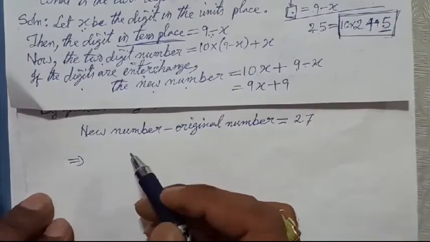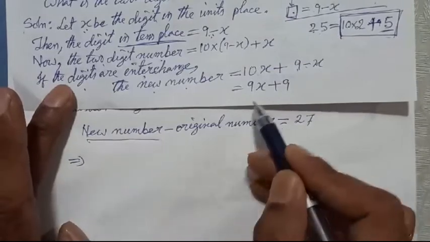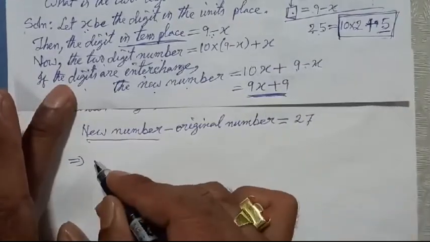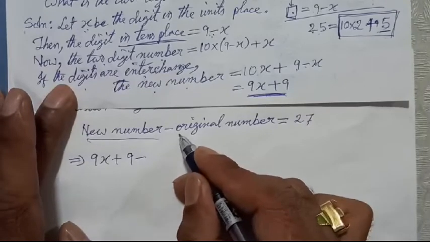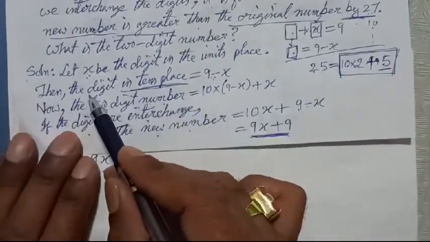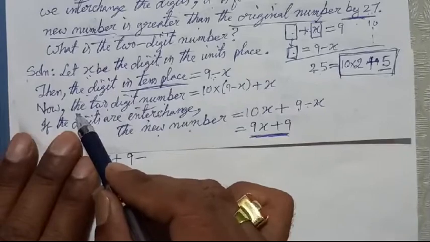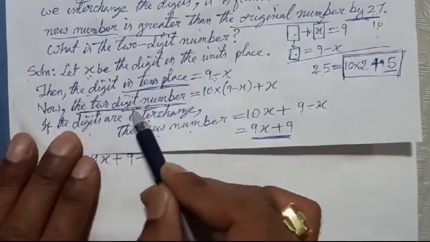This implies that the new number, 9x plus 9, minus the original number, the two-digit number.